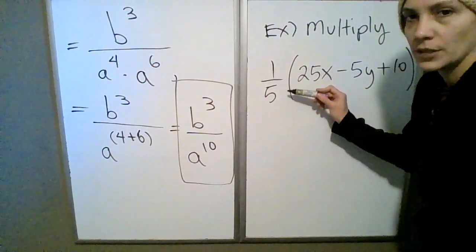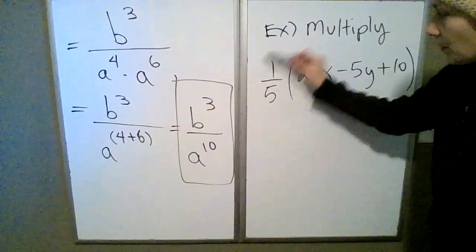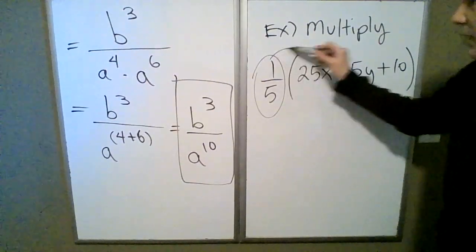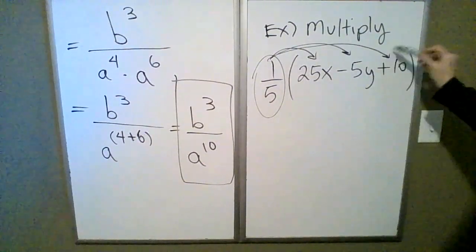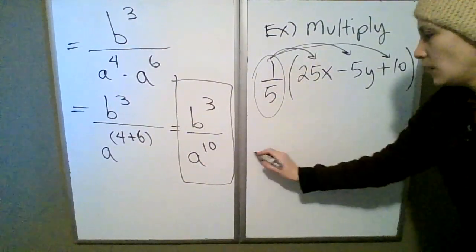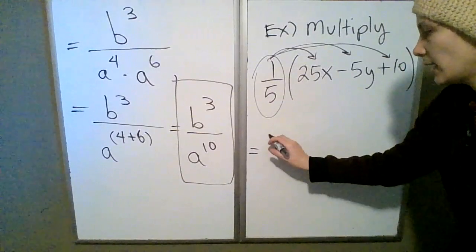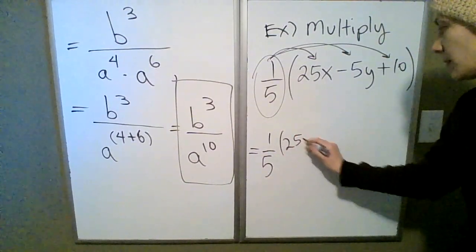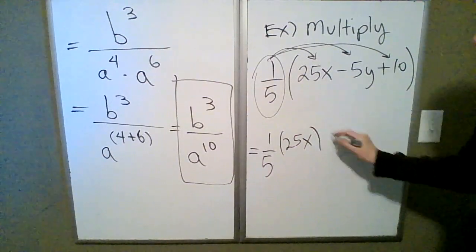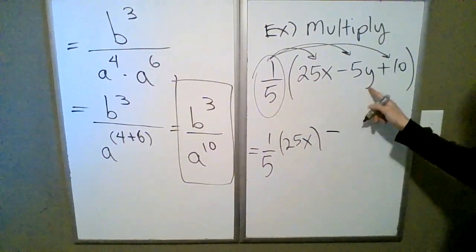So we'll take this fraction, 1/5, and multiply it with all 3 terms, which means we're going to distribute it. 1/5 times 25x. Subtract 1/5 times 5y.